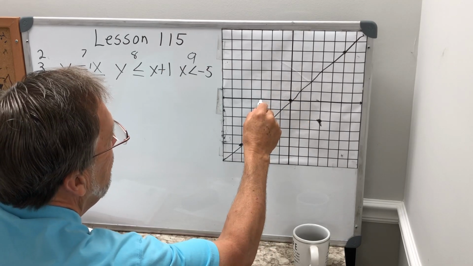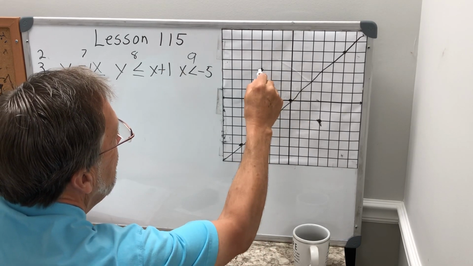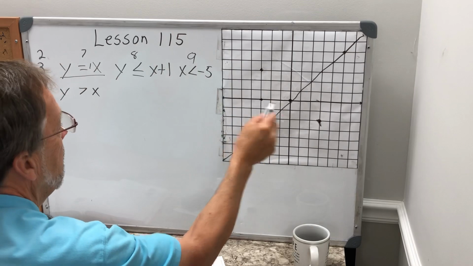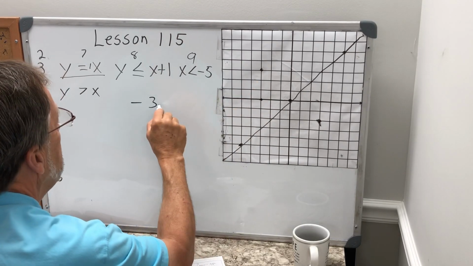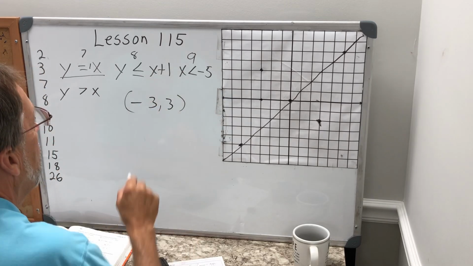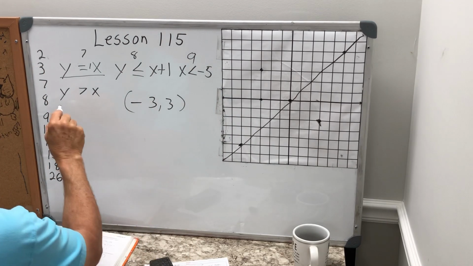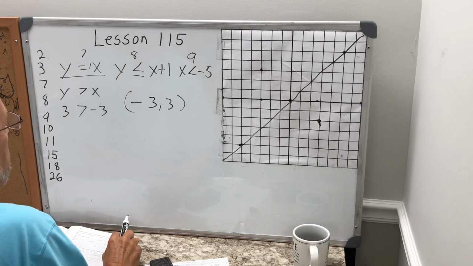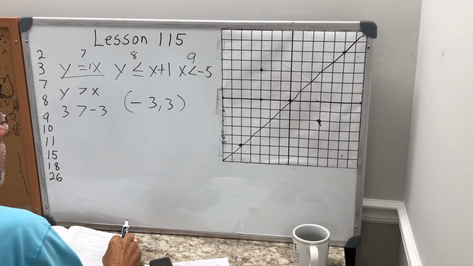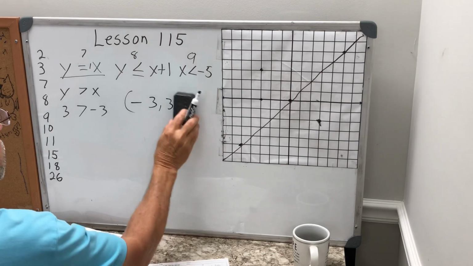Let's try a 3 and a 3. That's going to be a negative 3 on the x line and a positive 3 on the y line. Let's see if this works. Here's our 3. This is negative 3. Is this a true statement that 3 is greater than negative 3? Absolutely a true statement.